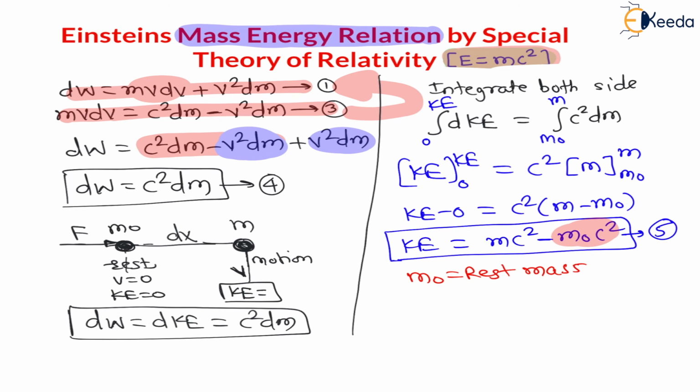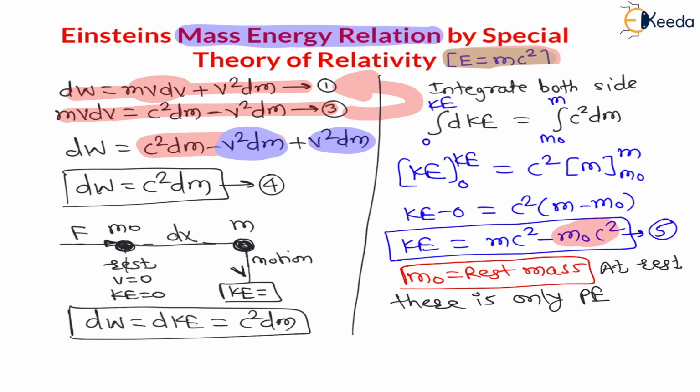At rest, m0 is rest mass, so there is only potential energy, and here the potential energy is m0 c square. As the left side is energy, both quantities on the right side must be energy, then only the units will balance. Therefore, this is the rest mass potential energy.